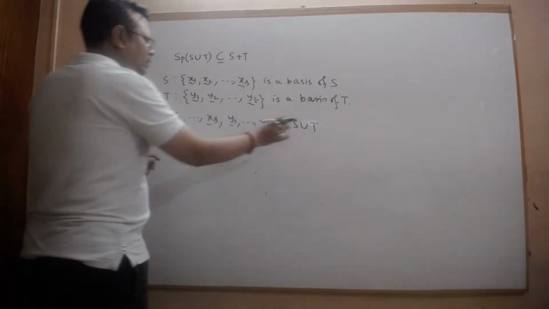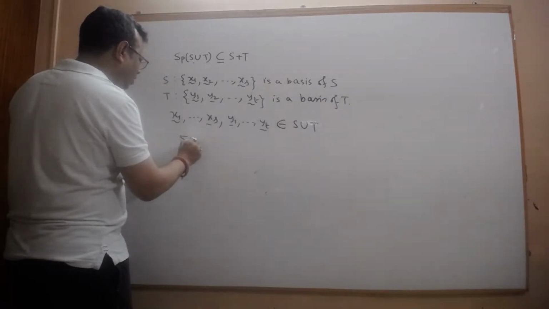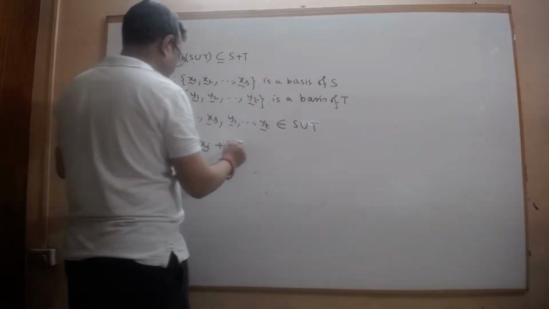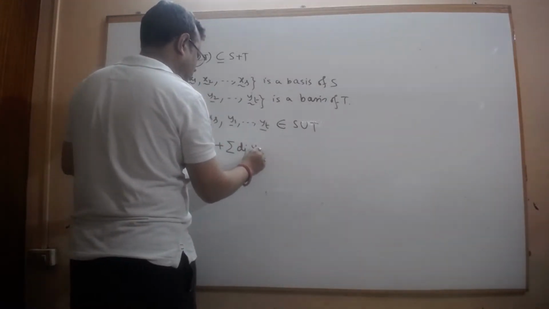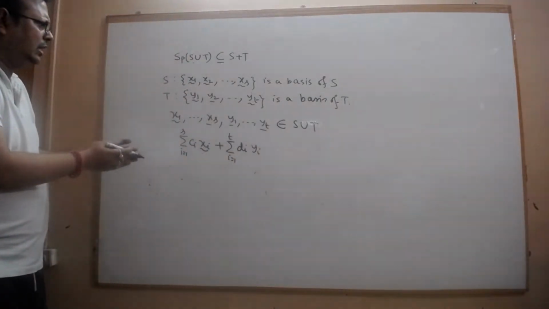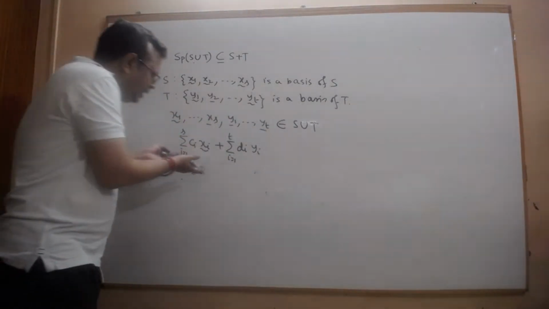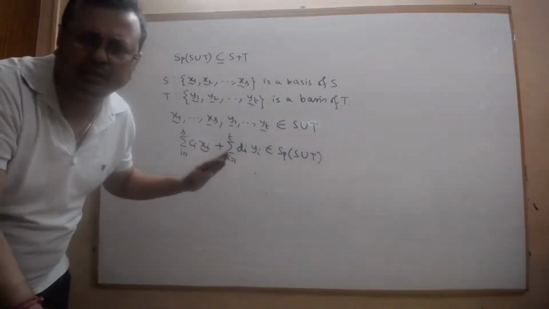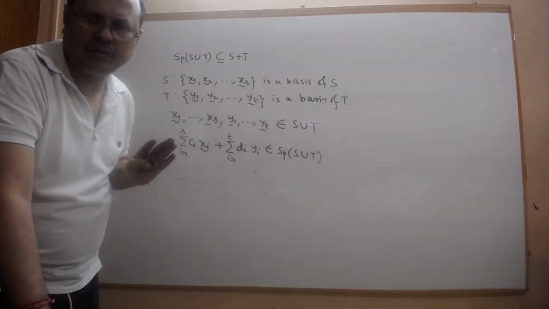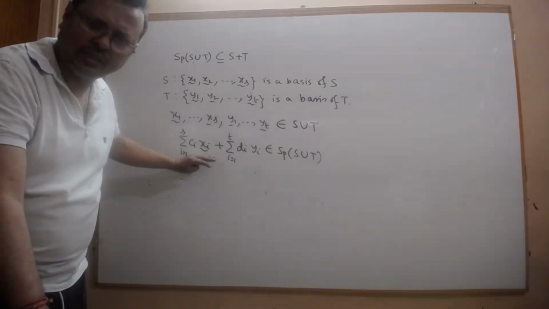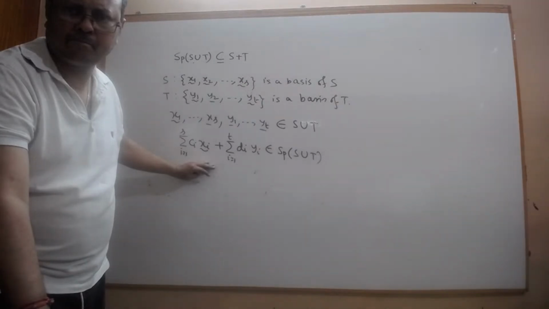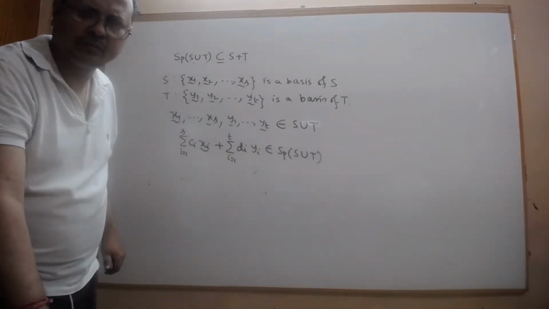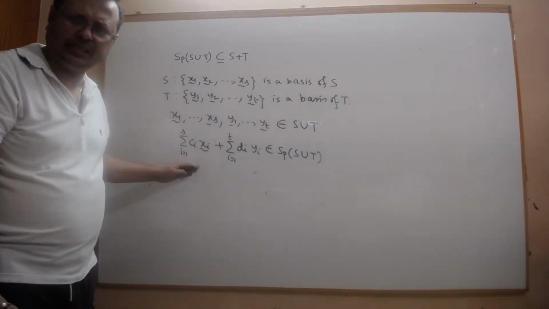So span, if you take the linear combination of this, because these belong to S union T, this linear combination also belongs to the span, because the span is the linear span of S union T. So up to that, Swarnava, clear or not? Please tell me.